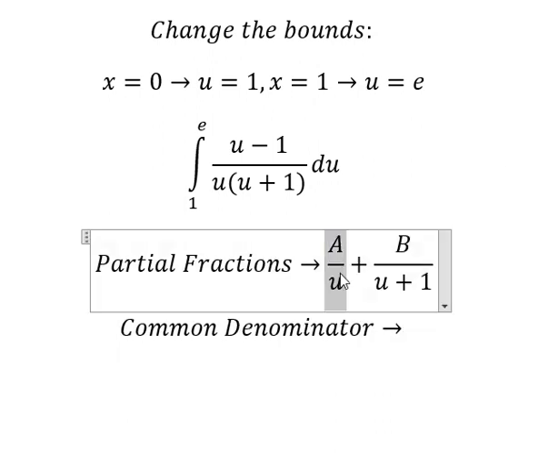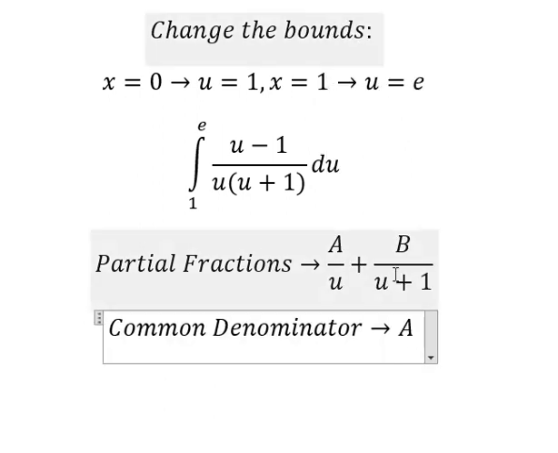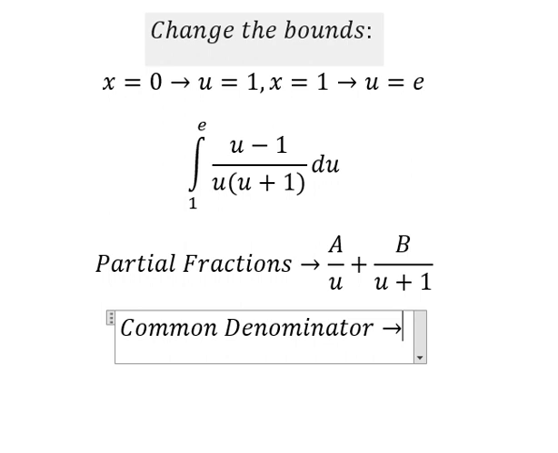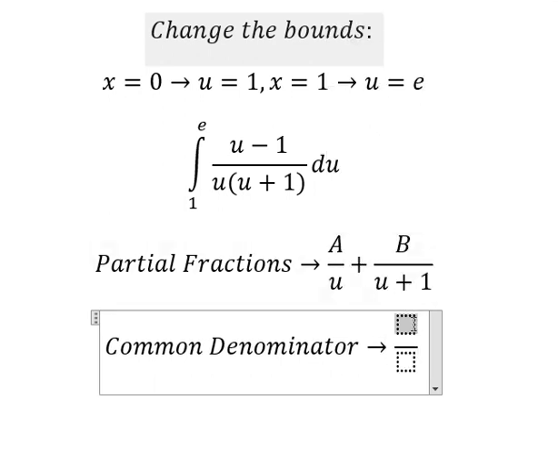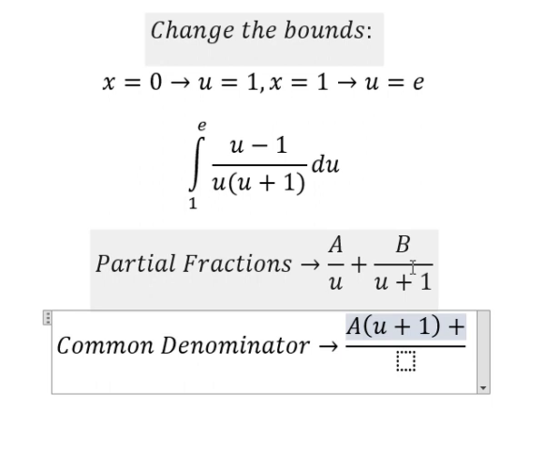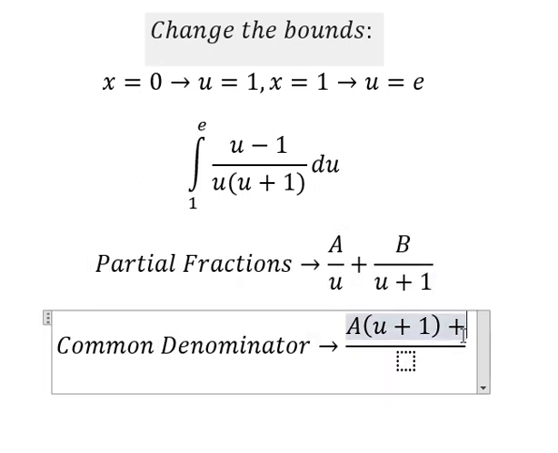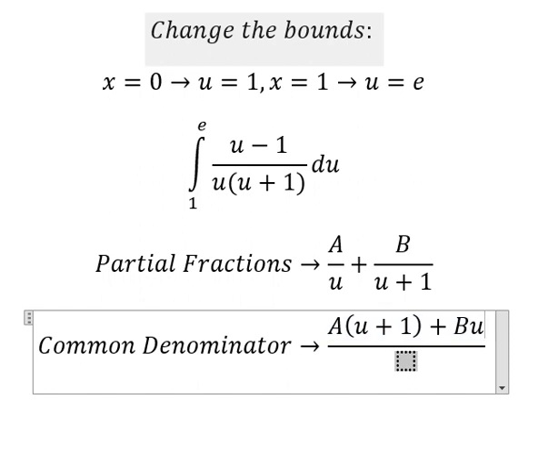So about this one, it is missing u plus 1, so capital A multiplied by u plus 1. About this one, it is missing u, so capital B multiplied by u.